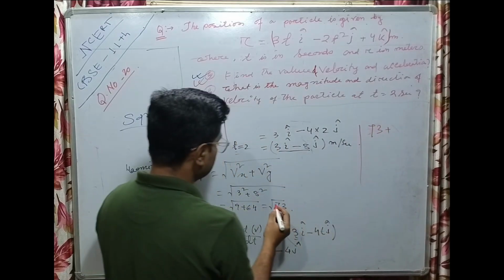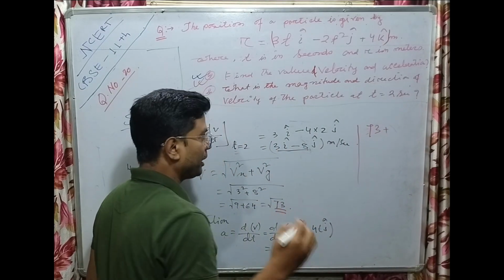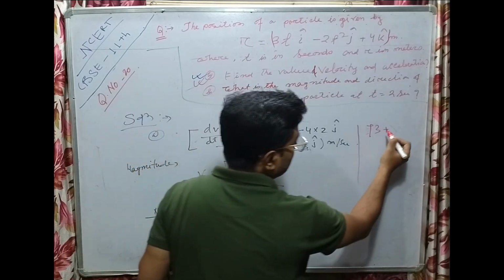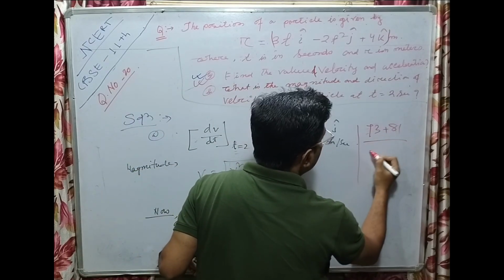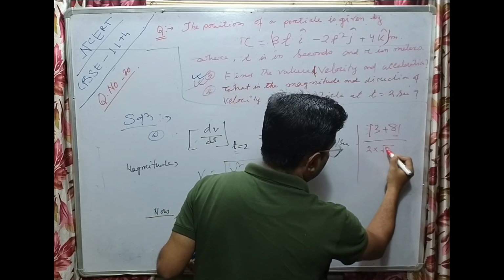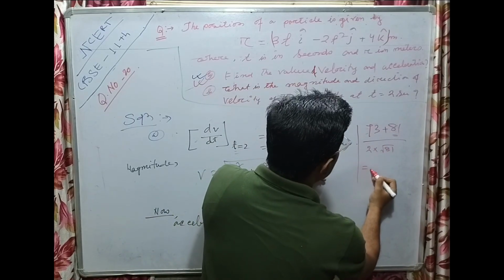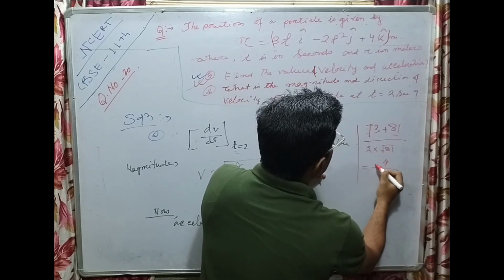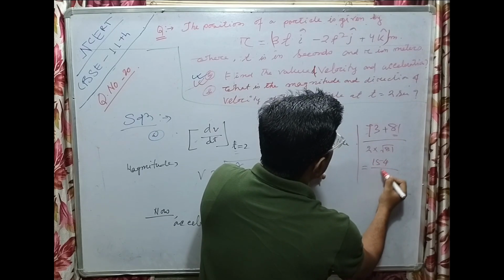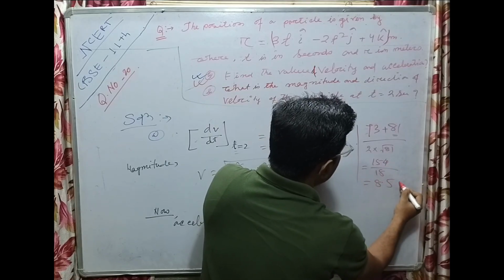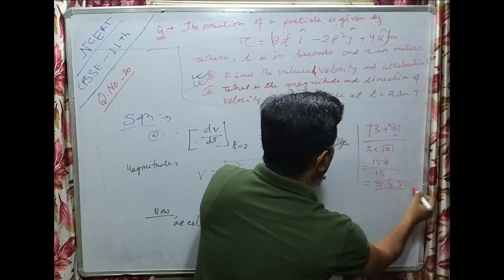The approximate value is: 73 plus the nearest perfect square number of 73, which is 81, divided by 2 into square root of 81. 73 plus 81 will be 154 by 2 into 9, 18, is equal to 8.55.